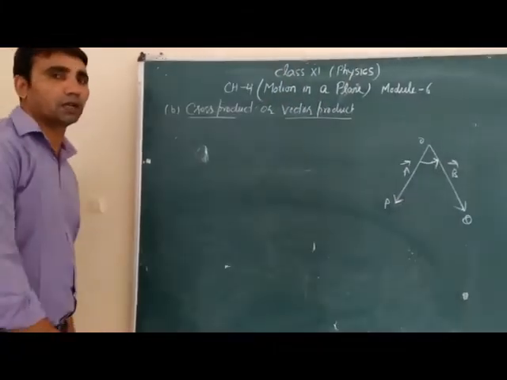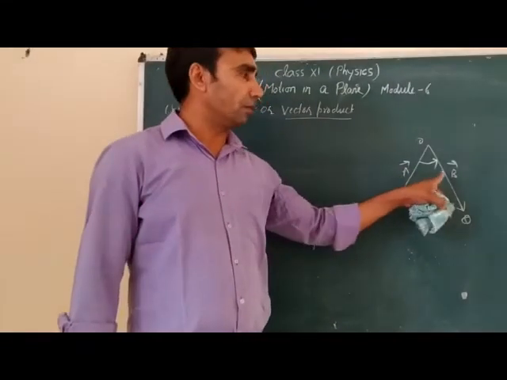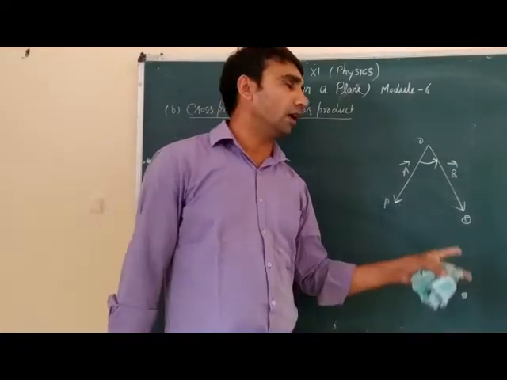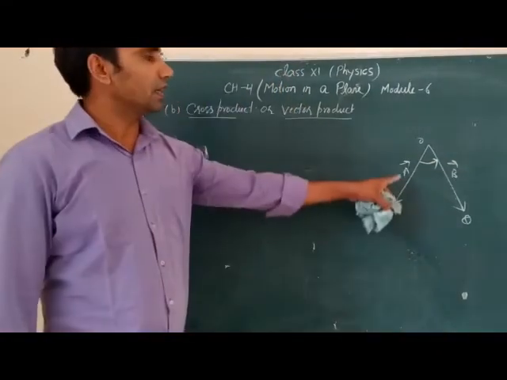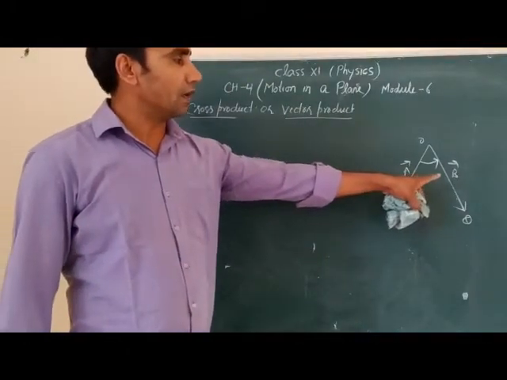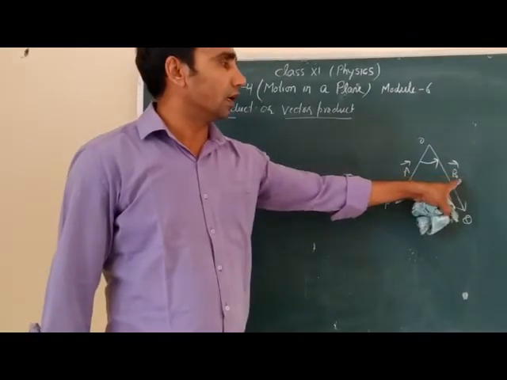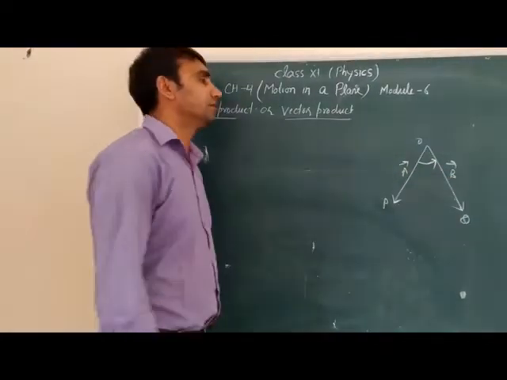The cross product of vector A and vector B is another vector, which is equal to the magnitude of vector A, magnitude of vector B, and sine of the angle between them. That is called the cross product.